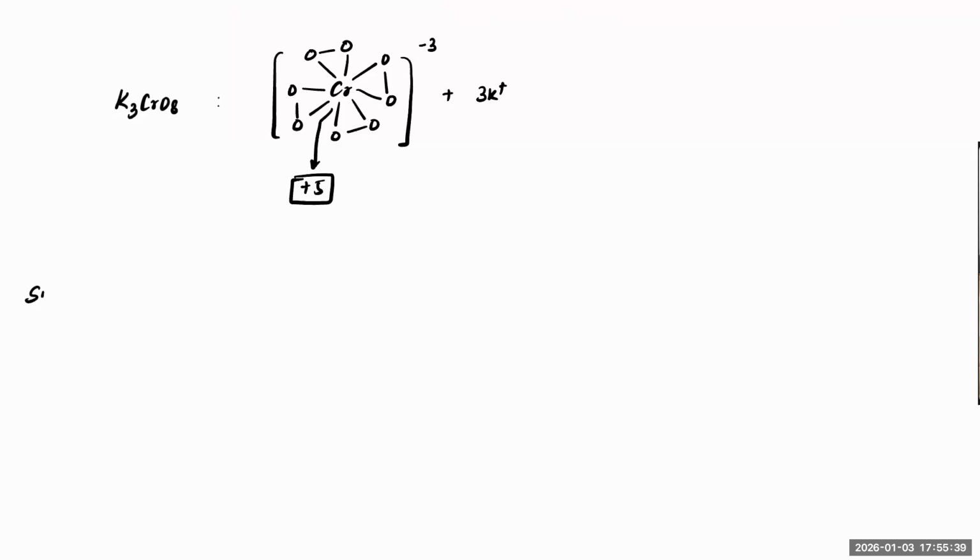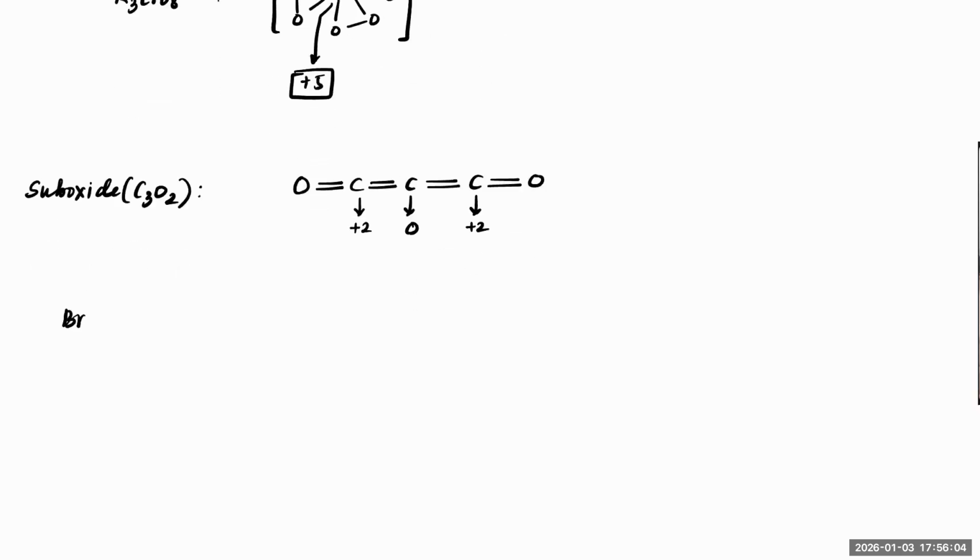Next one is carbon suboxide, C3O2, where we have oxygen connected to carbon, carbon, carbon, then oxygen. It's a linear molecule. Oxidation state here is +2, here it is +2, and here it is 0. Got it? Likewise, Br3O8, another important compound, which is completely structure based.